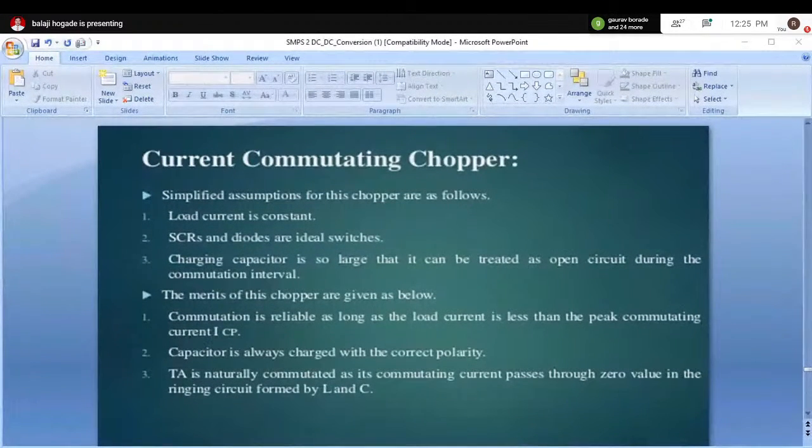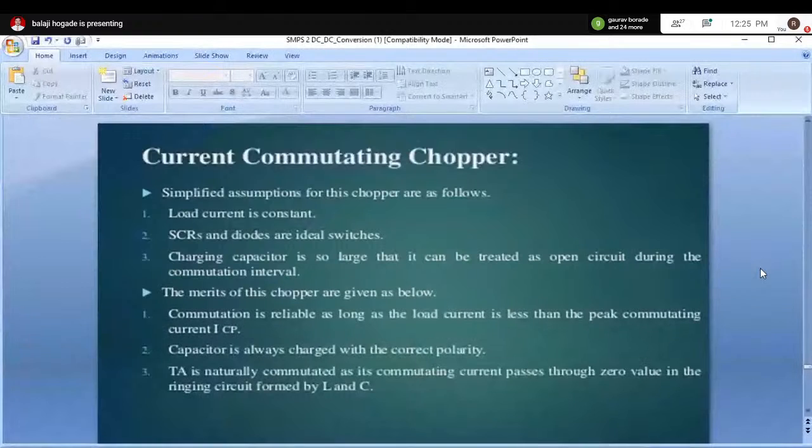Okay. To turn off the auxiliary SCR, the commutation circuit will take care of it. The commutation circuit consisting of the components L and C forms the circuit which generates sinusoidal type of waveforms, and when that waveform appears across the auxiliary SCR, the current will be crossing zero value at some point.